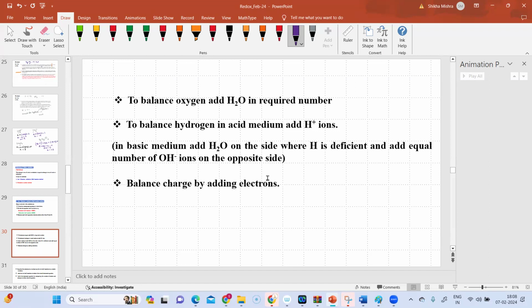So in the basic medium, you have to add water on the side where H is deficient and add an equal number of OH minus ions on the opposite side, right? That's a simple rule that you can remember once you do a lot of practice, right?